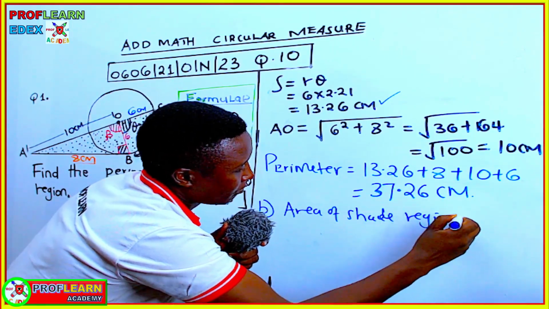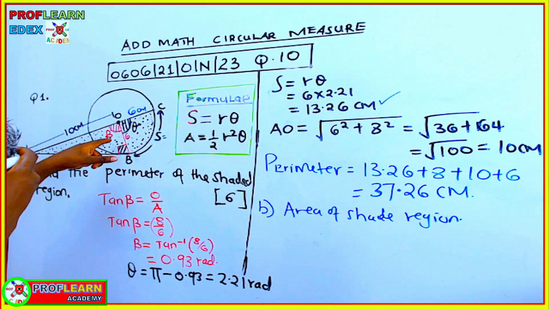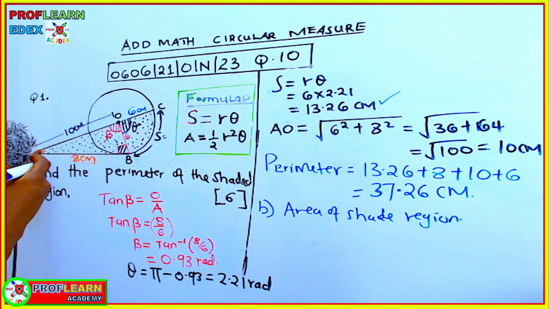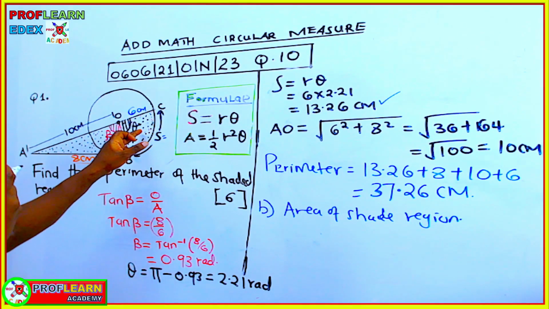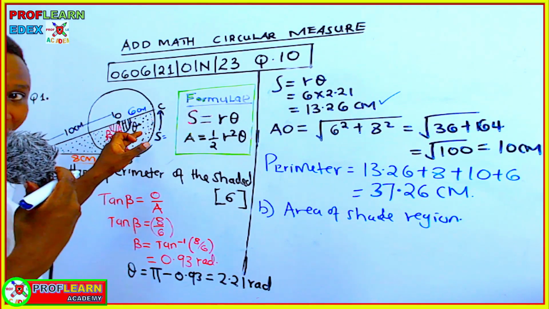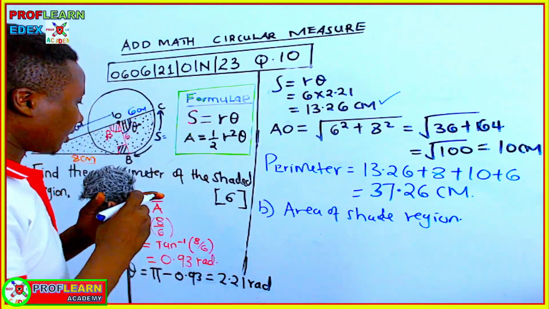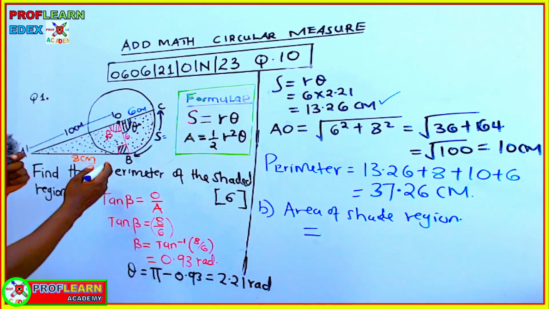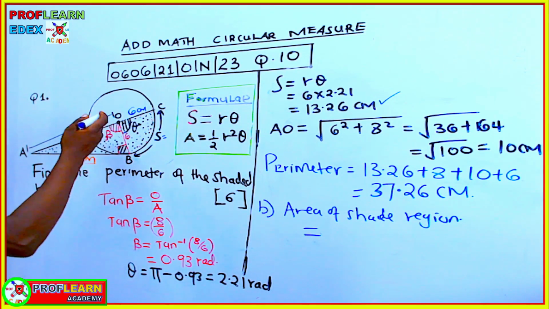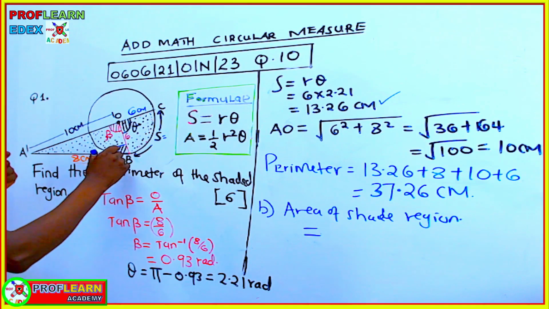In order to work out the area of this shaded region here, I'll work out the area of the right angle triangle, then add the area of this particular sector. The area of the triangle is going to be a half base times height, because this is the base and this is the height. We have 90 degrees at this point.